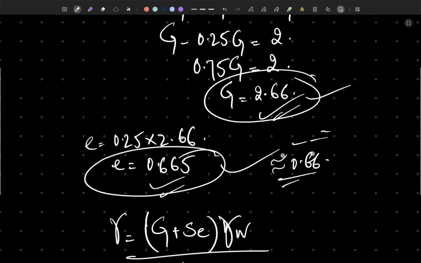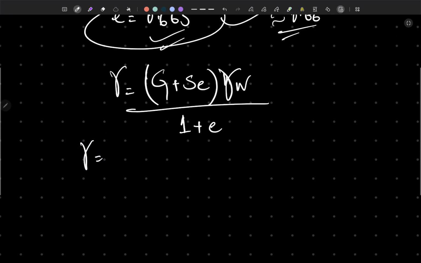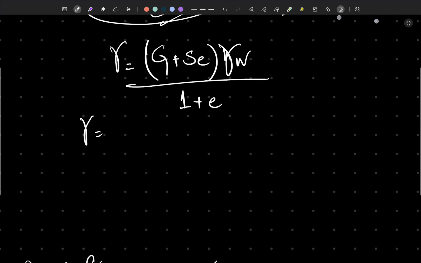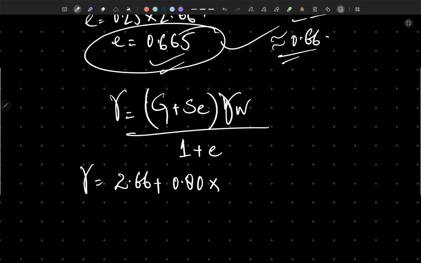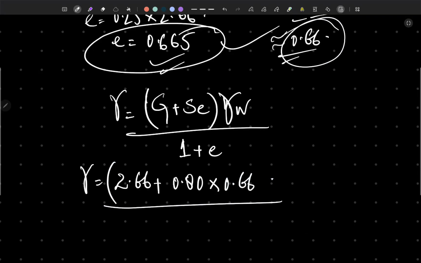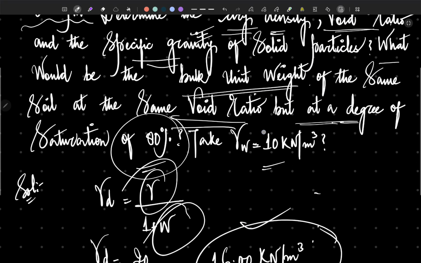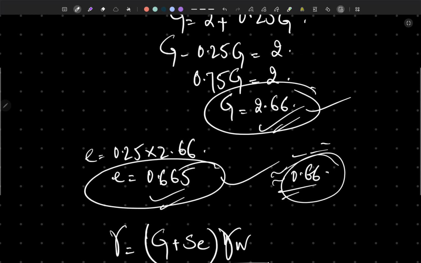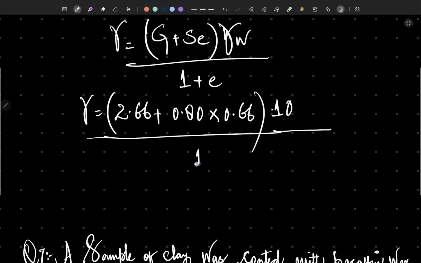So let's find it out. We know G is 2.66. The degree of saturation is 80%, so 0.80. The void ratio is 0.66. The unit weight of water is 10 kilonewton per cubic meter, as the question says to use. And 1 plus e, with void ratio 0.66.